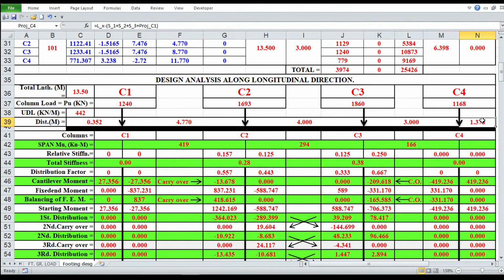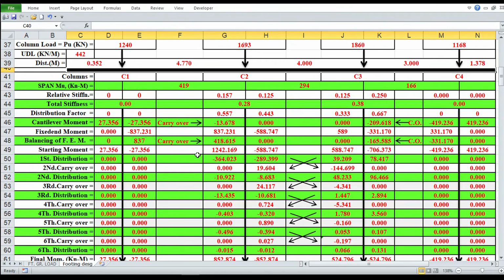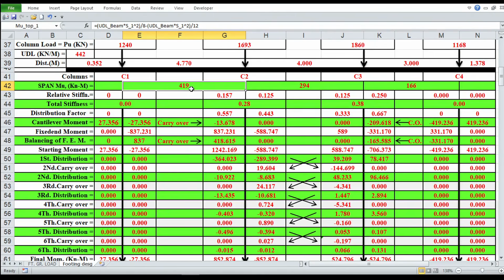And this projection is equal to Lx minus these and this. This is our moment distribution chart. Span moment is equal to WL square by 8 minus WL square by 12. This is our relative stiffness. This is end column, so 3/4 by L1 or S1. This is S1.